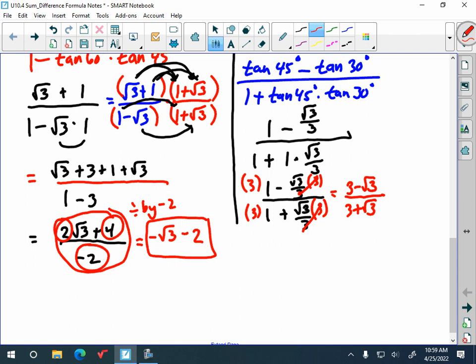All right, so then just like the last problem, we have a radical on the bottom. So here we're going to multiply top and bottom by 3 minus radical 3.